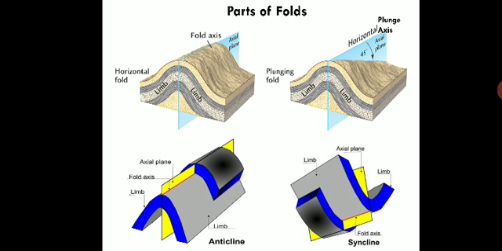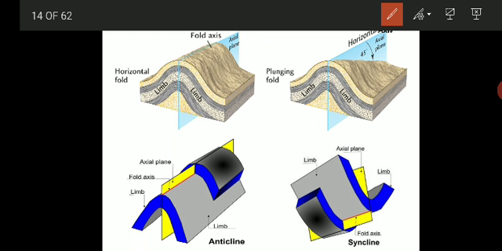Let us discuss the different parts of a fold, also called the fold terminology. Here in the figure you can see there is a fold, a folded rock. Then there is a plane which is called the axial plane. It divides the fold into two equal halves.